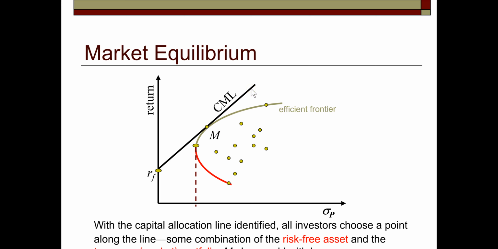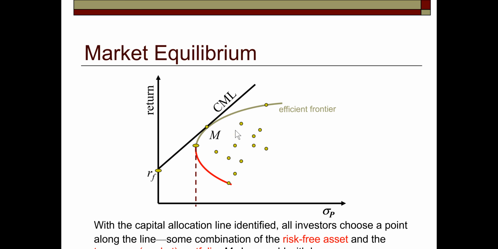And how can they get the money? They borrow at the risk-free interest rate. So they are investing somewhere here, and that's why the weight on this market portfolio turns out to be more than 1. And if the weight on the market portfolio is more than 1, the weight on the risk-free asset has to be a negative number, right?